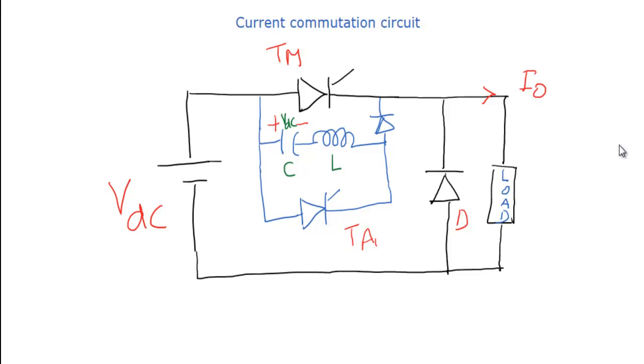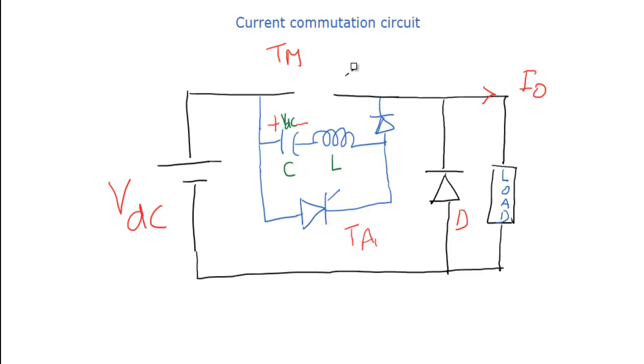As I told you, the initial voltage should be like this across the capacitor, and an auxiliary thyristor is required, and we'll see what will happen. When the main thyristor is not turned on, it will act as an open circuit.